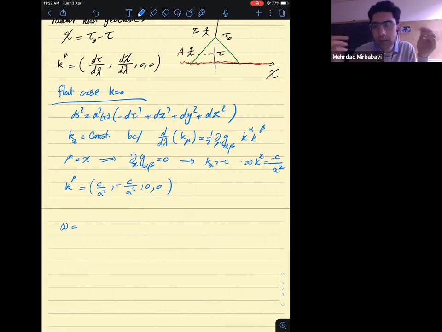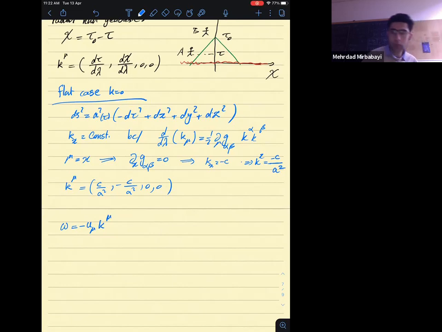We go to the rest frame of that observer and look at the 0th component of the momentum of that null geodesic. So in a local inertial frame that is instantaneously at rest with that observer, that 0th component will give us the frequency, and that is equivalent to looking at u mu times k mu.